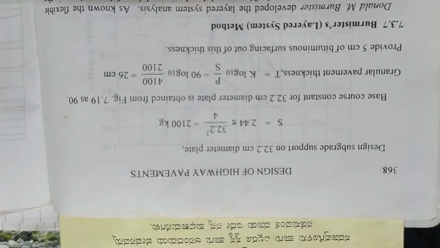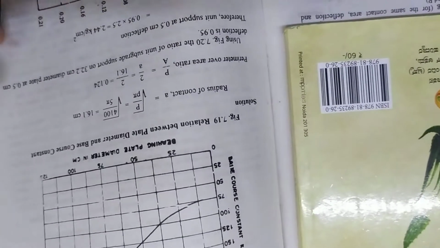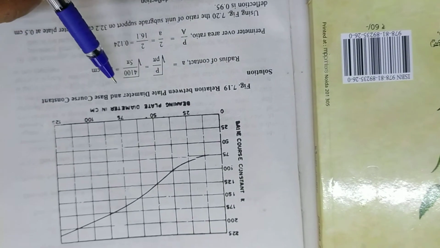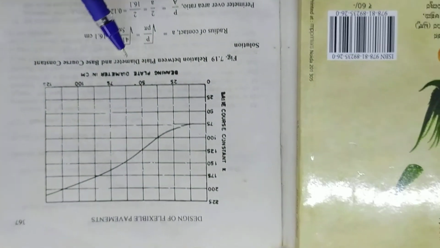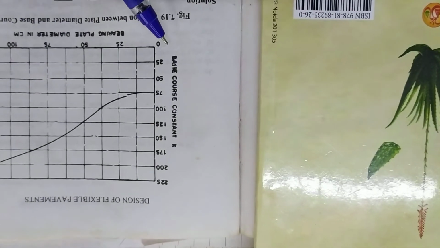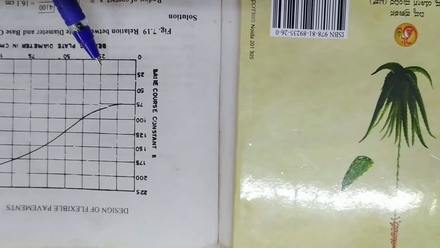The base course constant for the 32.2 cm diameter plate is obtained from figure 7.19, and it is 90. How do we obtain 90? By using this relation in 7.19 between plate diameter and base course constant. This is the bearing plate diameter, and this is the base course constant.